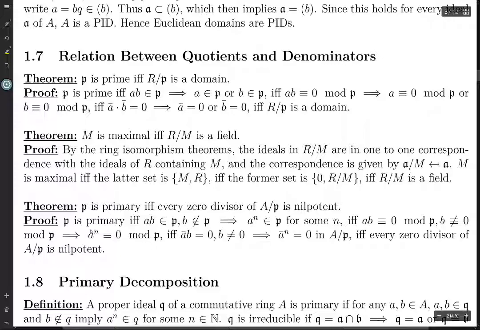And then writing that in terms of A mod P, a bar b bar equals 0 and b bar not equal 0 means that a bar to the n equals 0 for some n. And that's if and only if every zero divisor of A mod P is nilpotent.